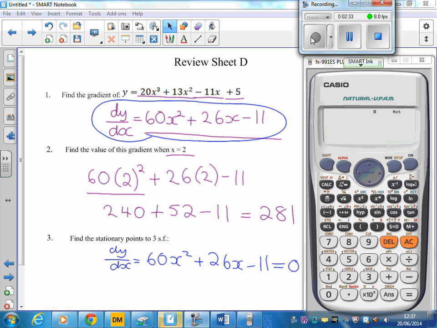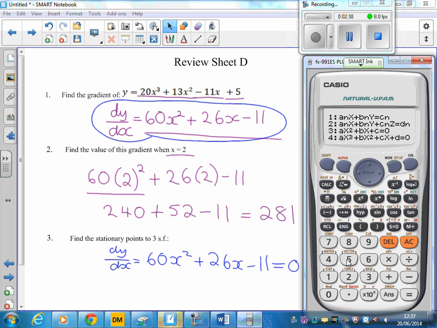So with my calculator, mode 5 for equation, 3 for a quadratic. My a value is 60, press equals to input that, 26 for my b value, and the c value is minus 11. My first solution then, press S to D to write that as a decimal, and the question says to 3 significant figures.